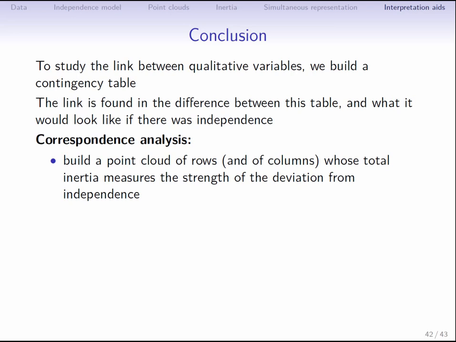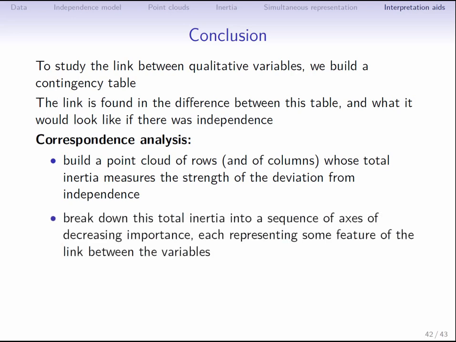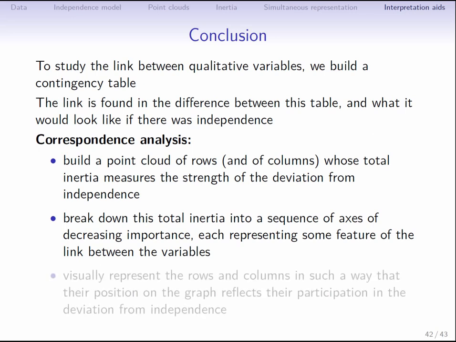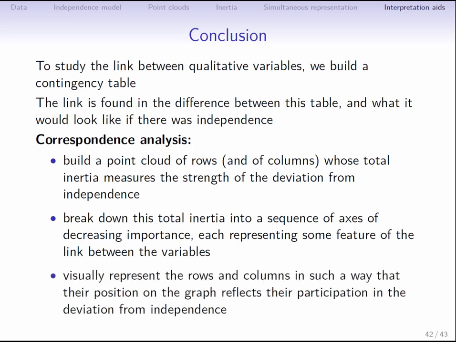The total inertia of a point cloud measures the strength of the deviation from independence. This total inertia is then decomposed into a sequence of dimensions of decreasing importance, each representing some aspect of the link between the variables. Lastly, correspondence analysis provides us with a simultaneous representation of the rows and columns, in which a point's position reflects its participation in the deviation from independence.